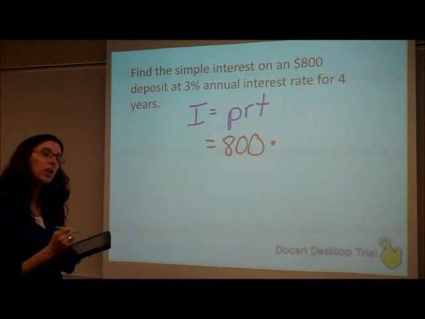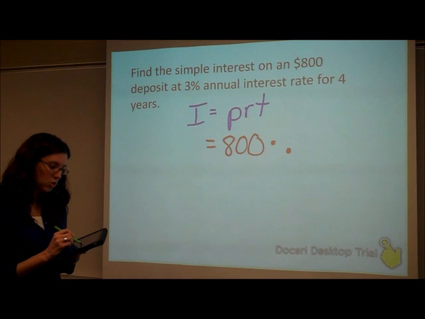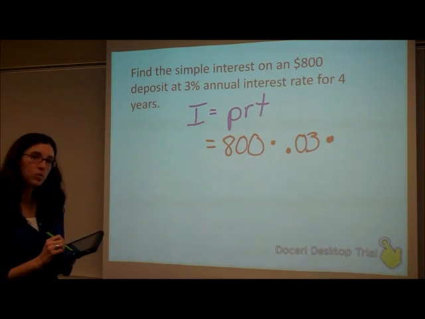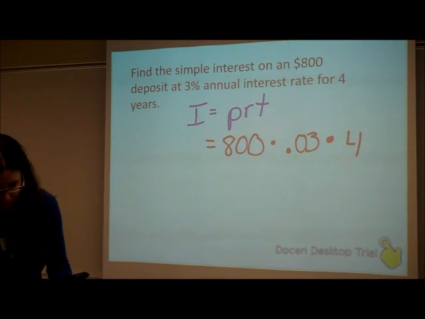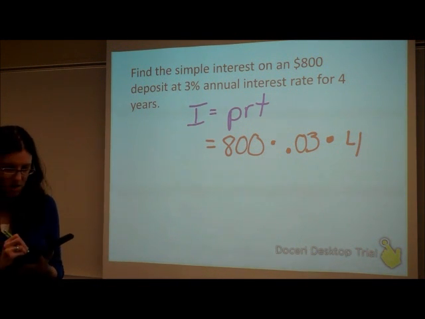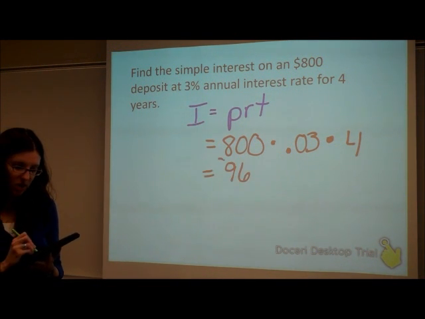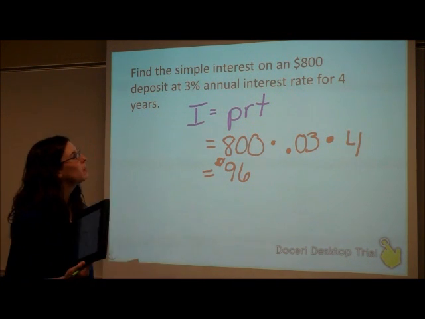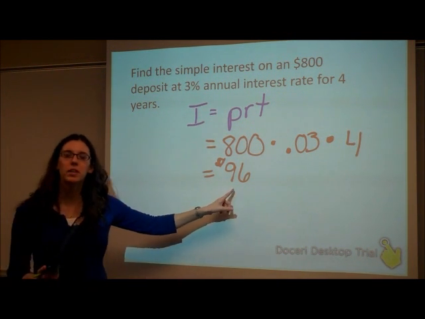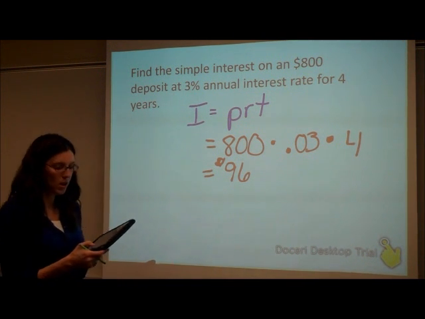Times our rate, 3%. So I've got to use 0.03. And then the time is 4 years. So multiplying all those together, that's $96. So for the bank keeping my money, they're going to pay me an extra $96. Okay?